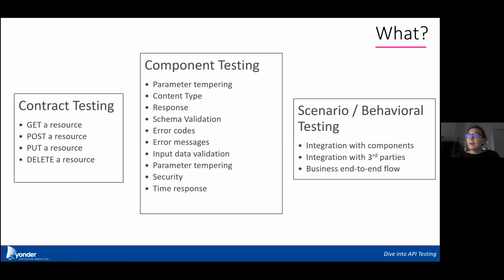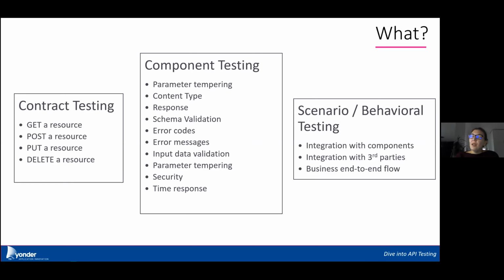And if we compare to UI testing, this can be associated with a so-called smoke test. Second, I like to take each component, each endpoint, in isolation and start testing it for each detail that I consider relevant for that one.